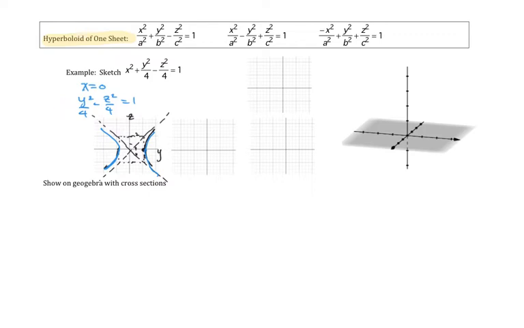So if that seems rusty to you, go back and review conic sections. Okay, what does that mean about what's going on over here? When x equals 0, so when we're in the yz plane, set up my scale here, we have a hyperbola that has the vertices there at 2 and -2.